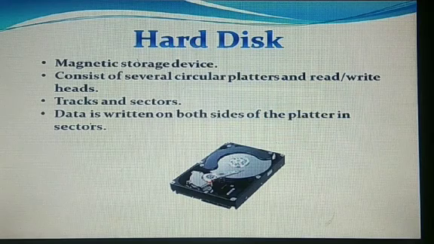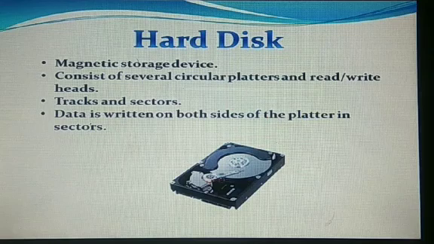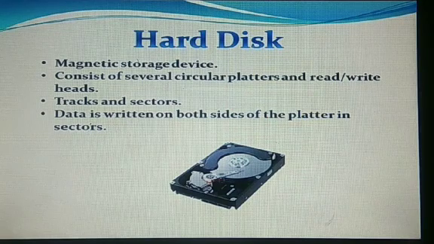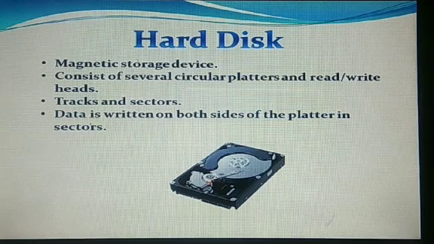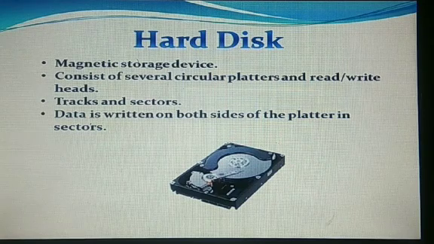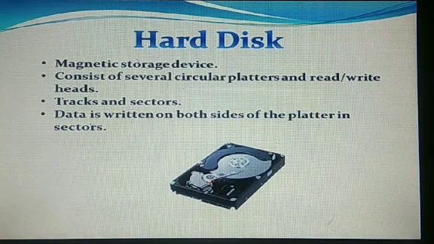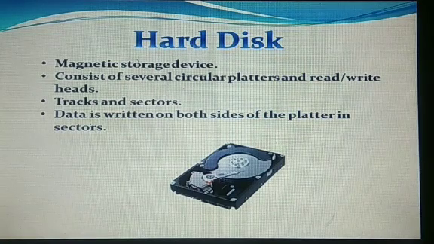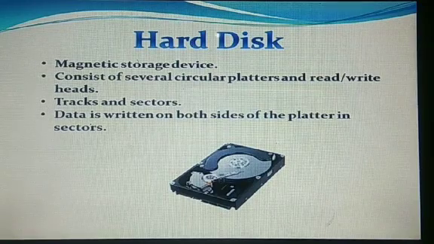Now your hard disk actually consists of several circular platters. You can see the circular platter on the hard disk, and there is a read-write head also. The data is written on tracks and sectors, and on both sides of the platters.